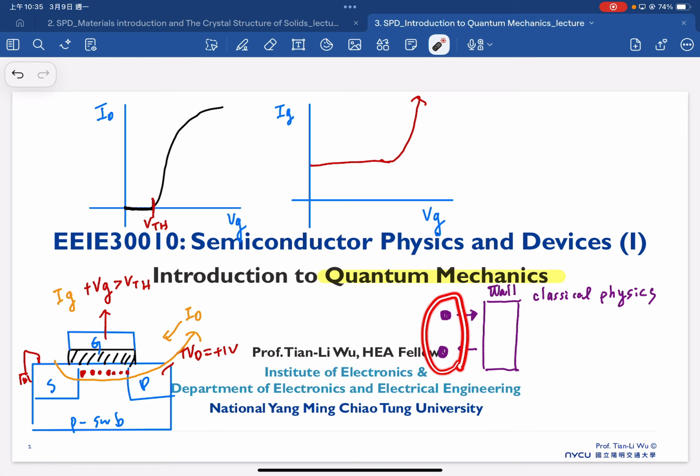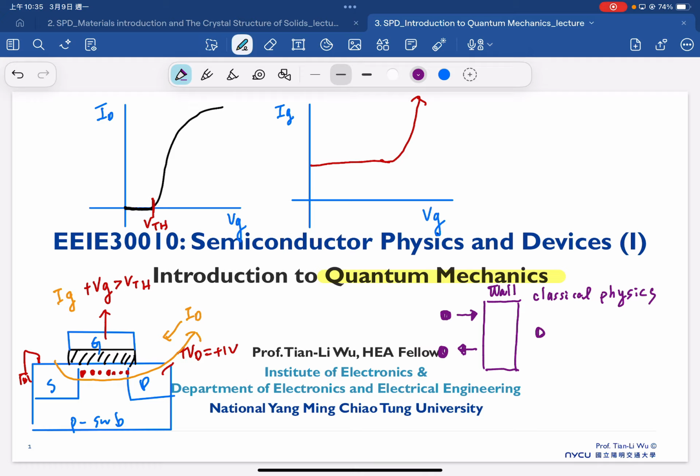So in this case, you have electrons injected into this wall, which is our dielectric. The electron can only be reflected, and you won't have any chance to see the carriers on this side. So this is not going to happen. Based on classical physics, the gate current will always be equal to 0.